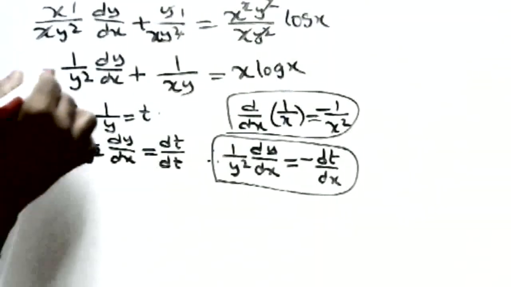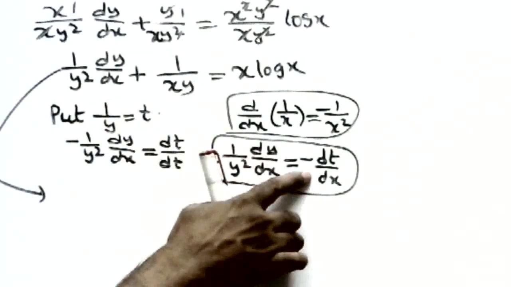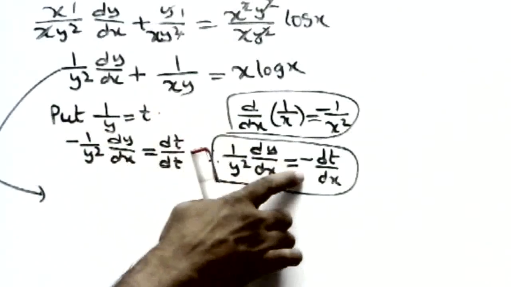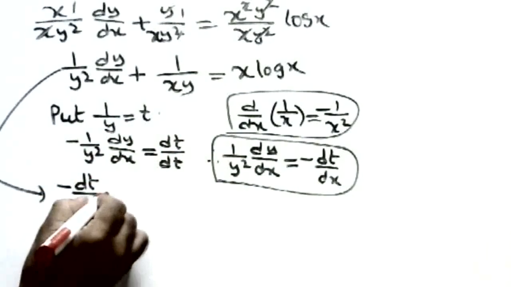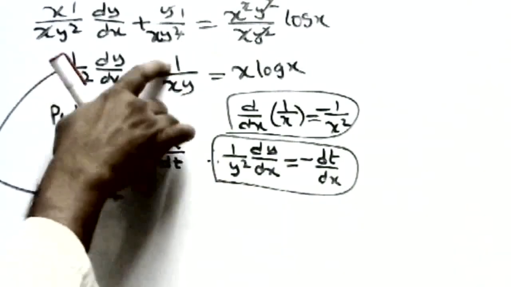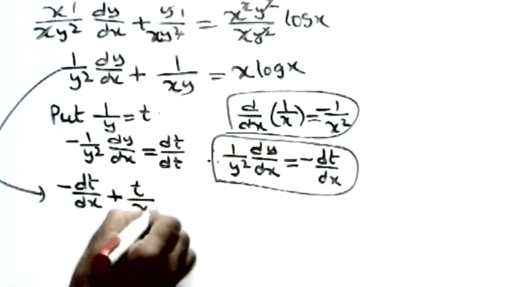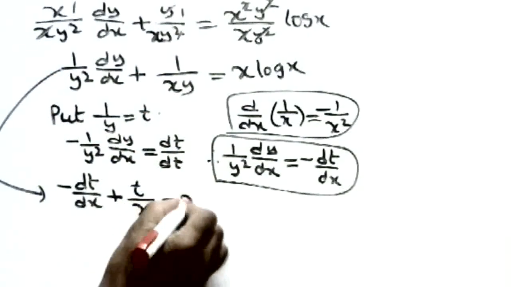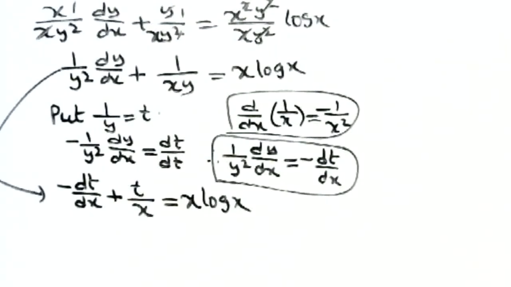Now the question will change. See here, let me change this question. 1 by y square dy by dx is minus dt by dx, plus, now 1 by y we wrote t, so this will become t by x equals to x log x.